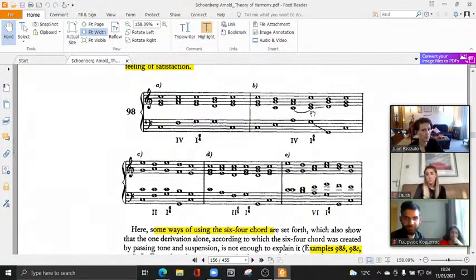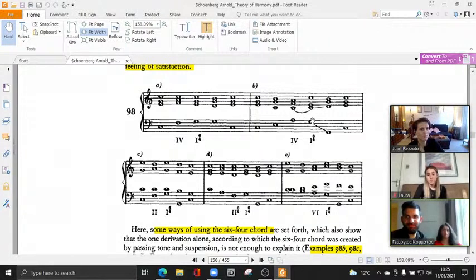The C is doubled, and this C has a leap, then resolves to the B. So the suspension is taken by skip and then resolves, and this C that was skipped as a pedal goes in ascending motion to the B.